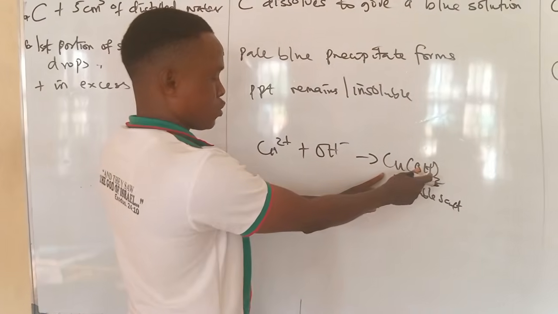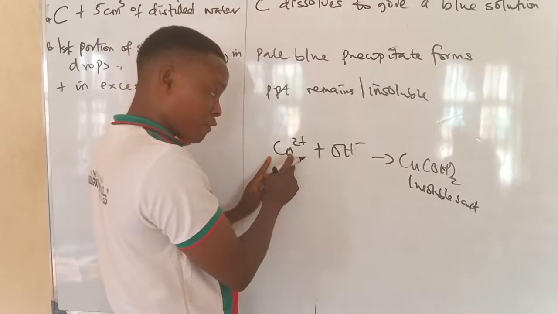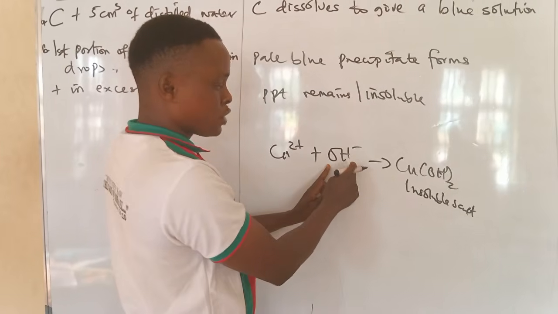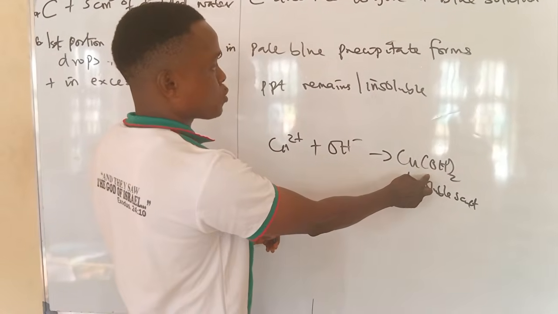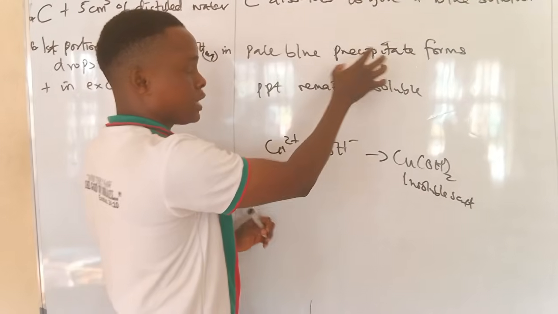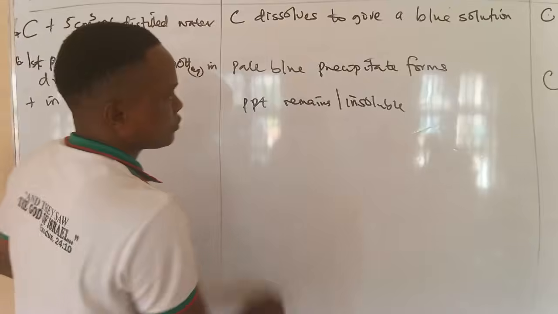Are we together? This is coming from the copper sulfate, and this is coming from the sodium hydroxide. So they form this compound, and this is what is responsible for the blue precipitate that is remaining here. Okay, let's move to the second one.